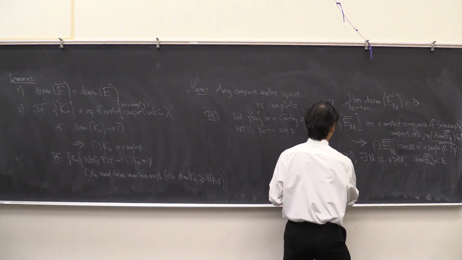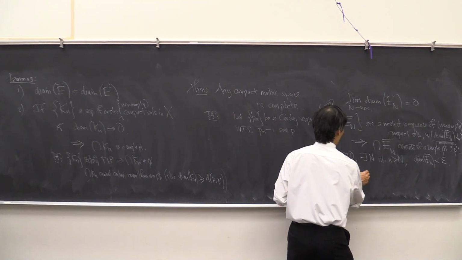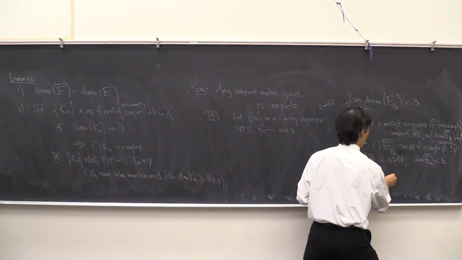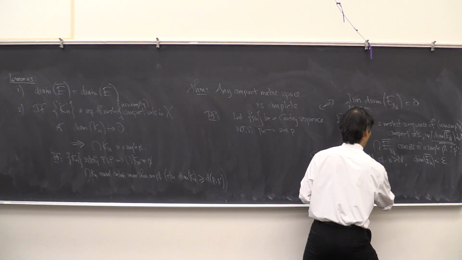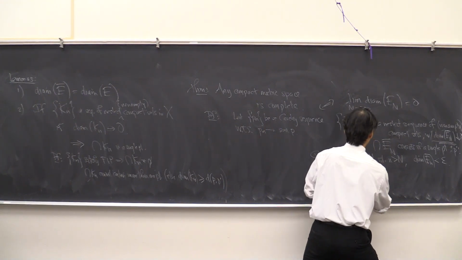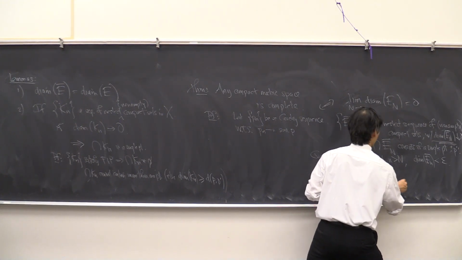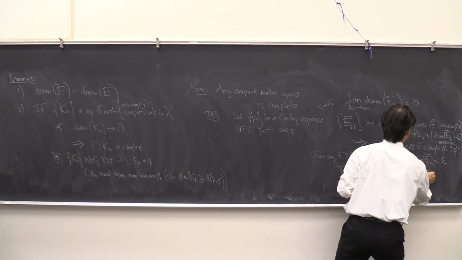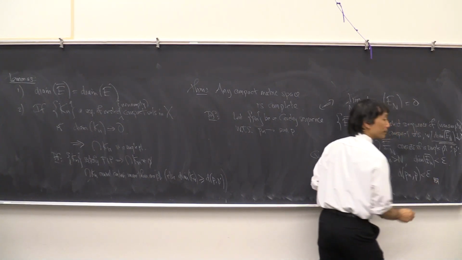But then, for all n bigger than capital N, the distance between P sub n and P is smaller than epsilon. And that's what you're hoping for.